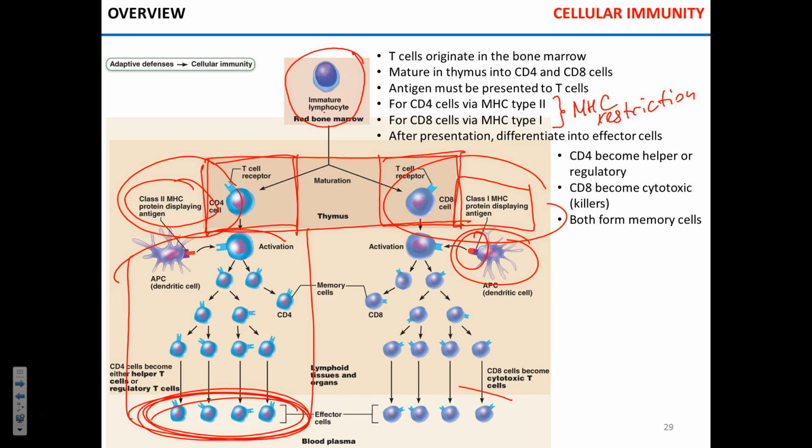CD8 cells will become cytotoxic or killer cells, and they kill. Is that clear? Of course, both populations will form a set of memory cells, so you're going to have memory CD8 and memory CD4. So far, do you get the progression?